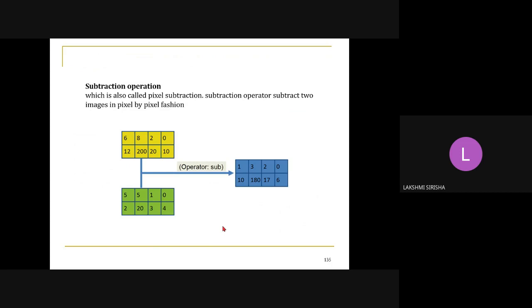We get 1, 3, 2, 0 like that. At the time of subtracting, if we get a negative value, it is taken as 0, because the pixel values start from 0 to 255. For example, a smaller number minus a bigger number definitely gives a negative value. All these negative values are automatically rounded to 0.